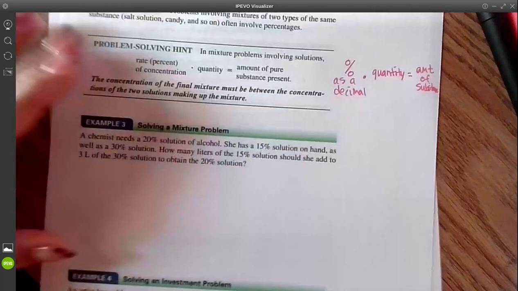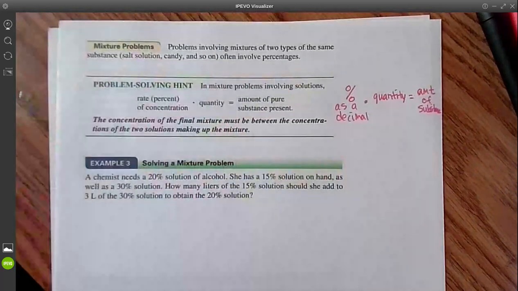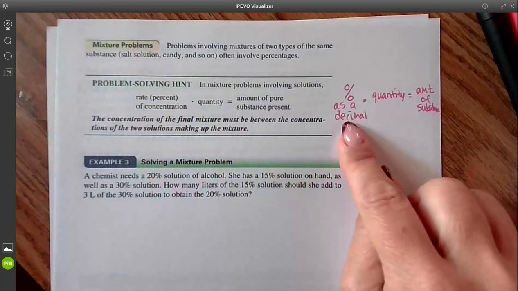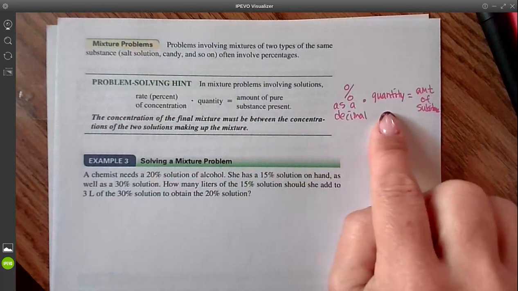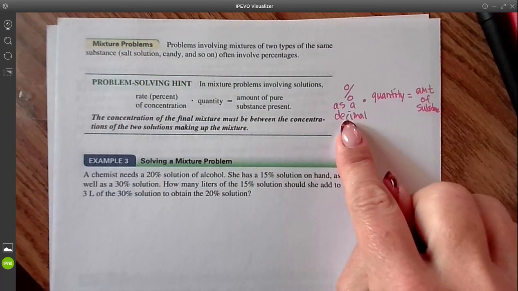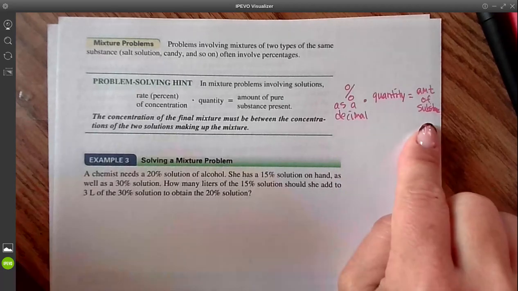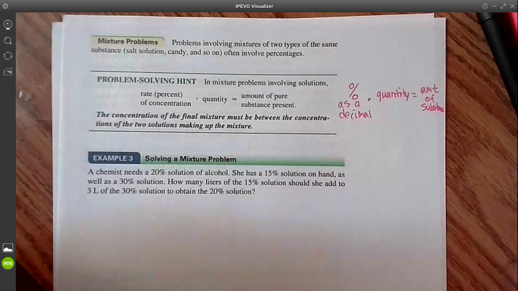If you have a problem that's like mixing two kinds of candies or chocolates or whatever it is that are different price amounts, instead of using the percent as a decimal times the quantity equals the amount of substance, it would be the cost per pound times the number of pounds equals the amount of money for that item. So maybe we should write that down.